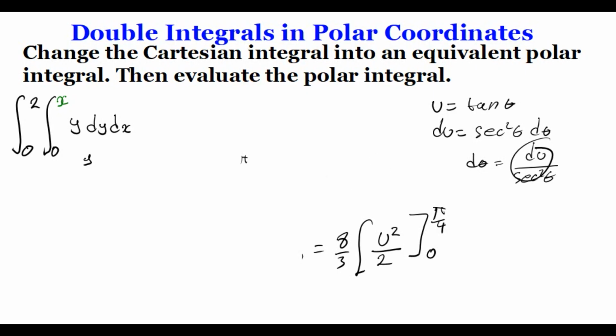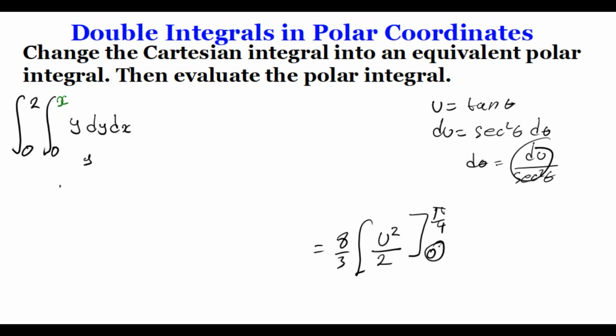I don't want to change back to theta from u. So let me just find what it is. So I have u is equal to tan theta. So let me plug in those limits. The lower limit is 0; if you try to find what tan 0 is, tan 0 is still 0, because tan 0 is actually 0 over 1, which is still 0. So we still maintain the lower limit the way it is.